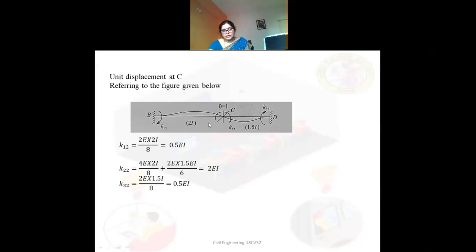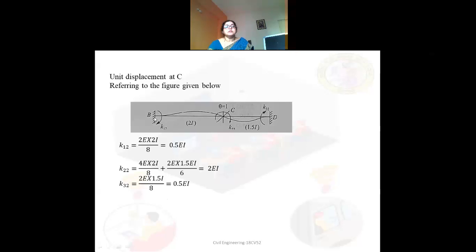So when there is a displacement at coordinate 2, what is its effect at coordinate 1, at coordinate 2 as well as at coordinate 3. For that we are going to develop a matrix. So K12, what is K12? K12 is the force developed at coordinate 1 due to rotation at coordinate 2.